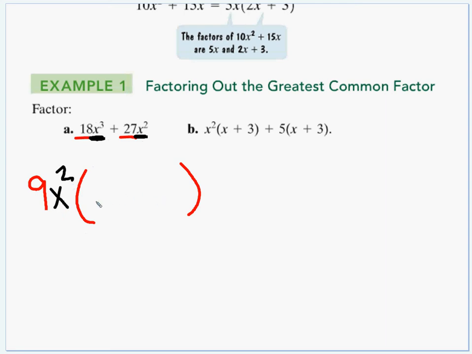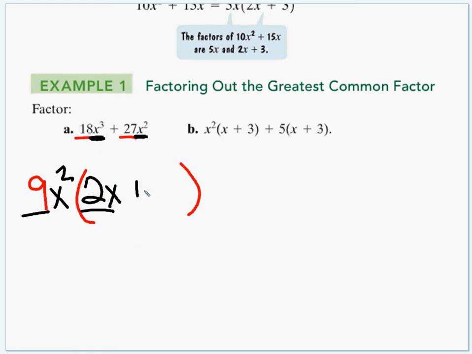So let's see what's left inside here. We can either do it as division or sort of fill in the blank. If we were going to distribute, we'd multiply this 9 by something. 9 times something is 18. Or you could do 18 divided by 9, which is 2. And then we had an x to the third, but we factored out an x squared, so there's a 1x remaining in there.